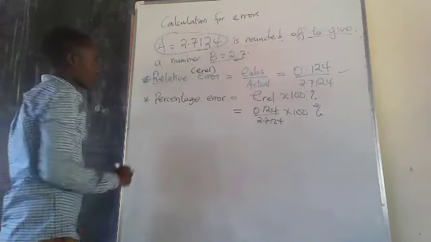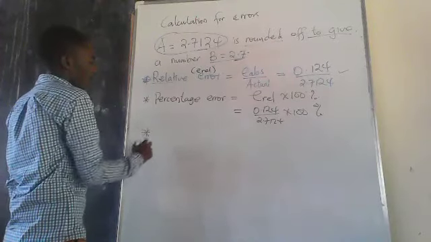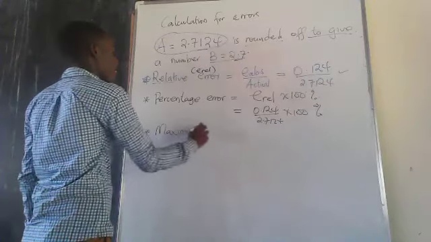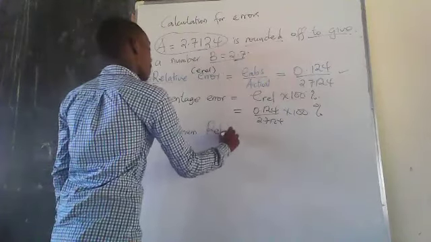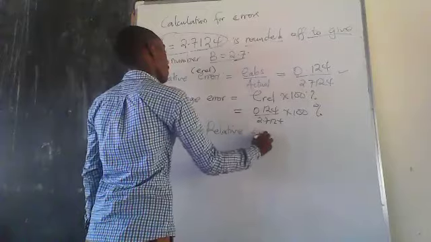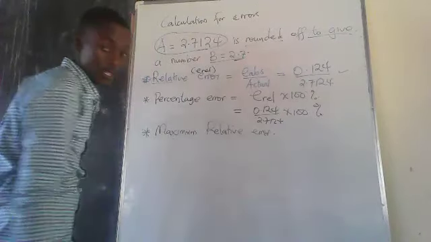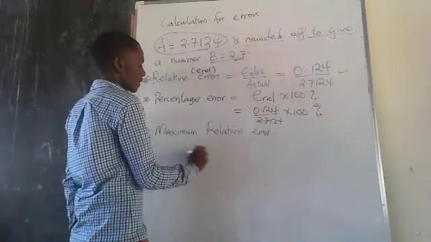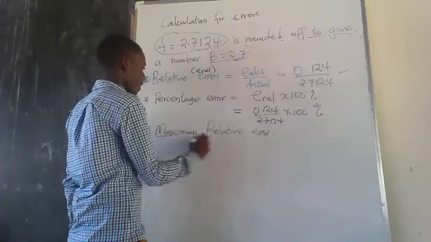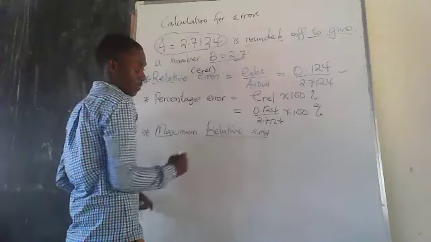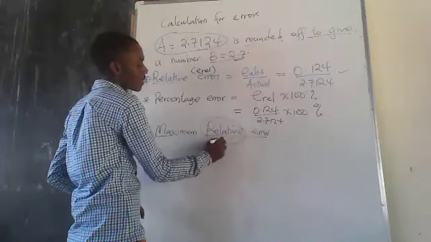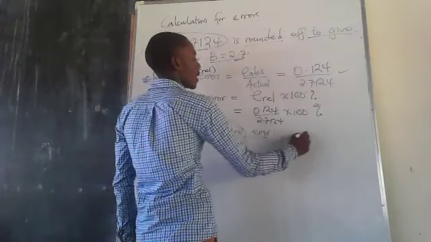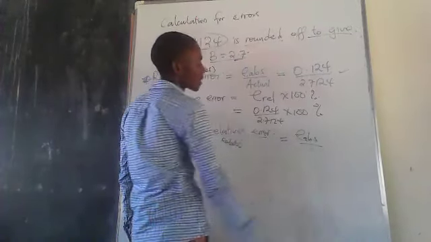Then the last one is maximum relative error. To get maximum relative error is very simple. Still, this one is like relative, because remember with relative, we relate. But what do we relate? We always relate absolute error out of something.